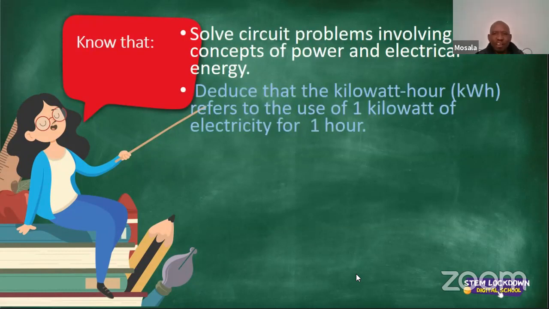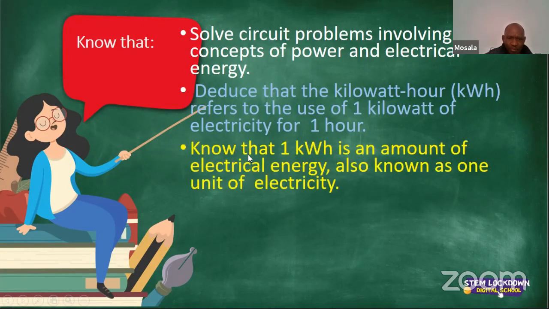Right, you have to solve problems involving the concepts of power and electrical energy, and then also you have to deduce that a kilowatt hour refers to the use of 1 kilowatt of electricity for an hour. And you must know that 1 kilowatt hour is the amount of electrical energy, and it's also known as a unit of electricity.